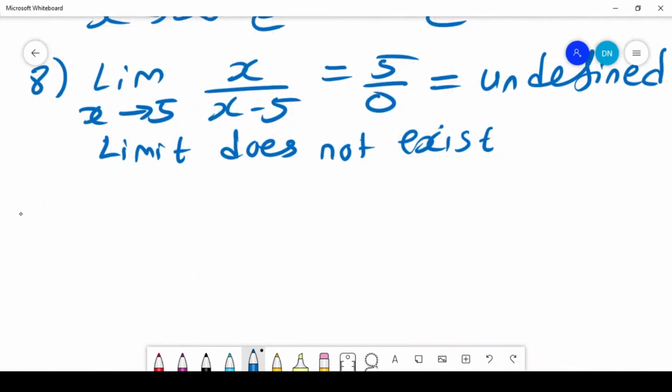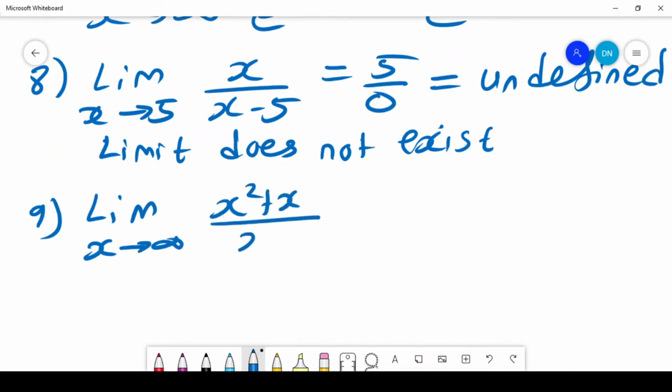I can give you maybe 2 more. So if, for example, I was to get the limit as x tends to infinity of x squared plus x over x squared. Definitely, if you look at that problem, you realize that if I was to substitute directly, it will be infinity over infinity.